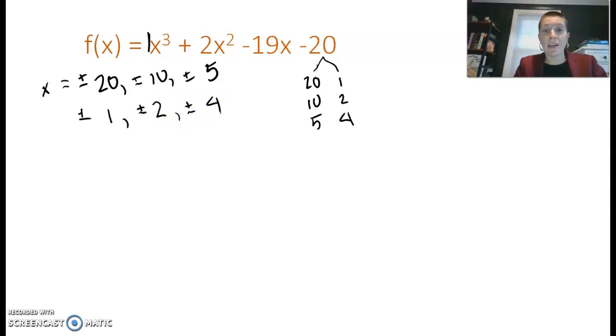And that is a lot of possible numbers, let me tell you. That is 6 times 2, so that is 12 possible numbers.